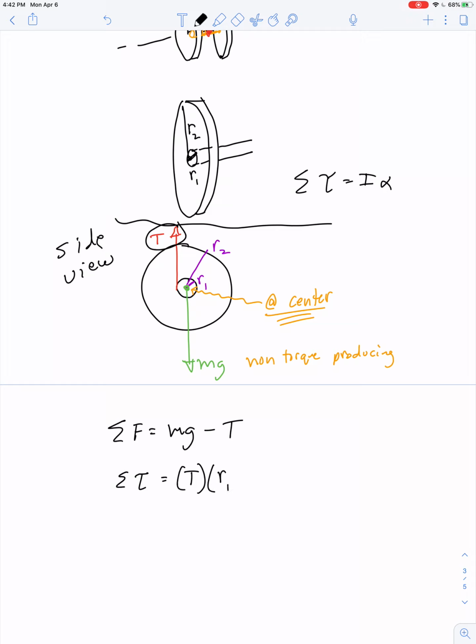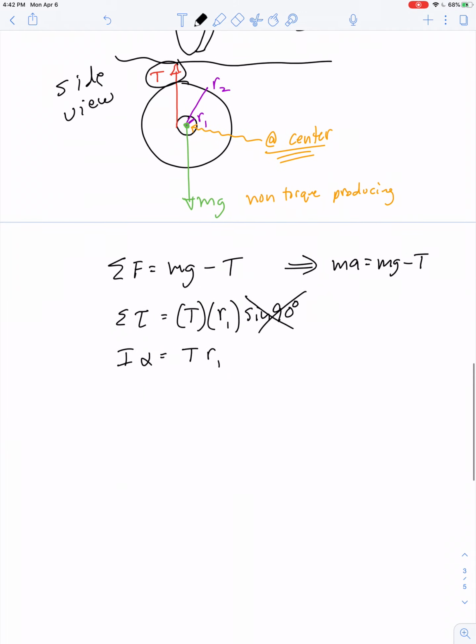In this case, the lever arm is R1 times the sine of the angle between those, 90 degrees in this case, sine of 90 is 1. So our first equation just tells us MA equals mg minus t, whereas the second equation we've written says I alpha is equal to t R1.